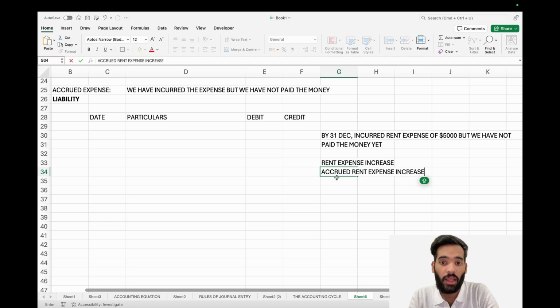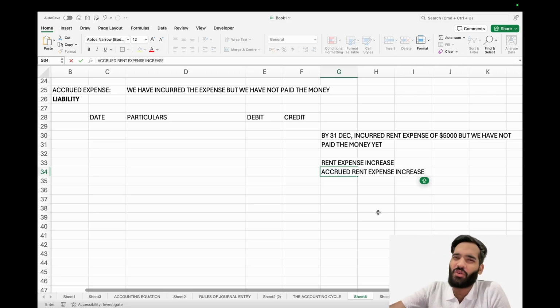This is not wrong. But if you are doing accounting in, let's say, the US or Canada, you are supposed to write rent payable rather than accrued rent. The reason is that when you say accrued rent, most people would not know what that means, right? So we are trying to use a name that's more acceptable, more understandable for most people.